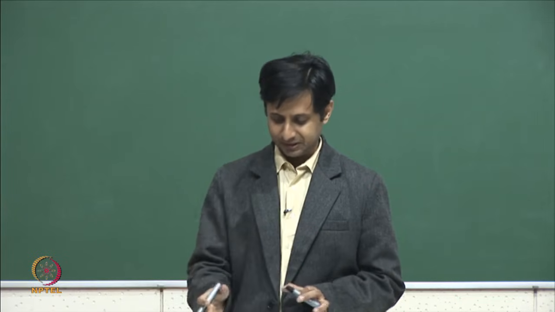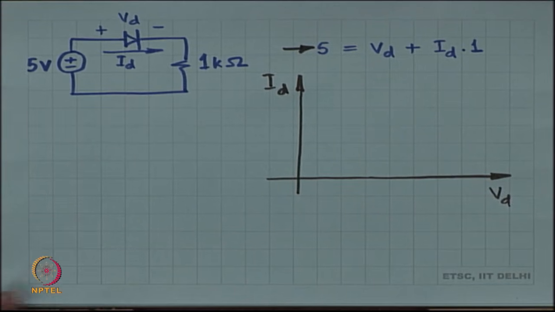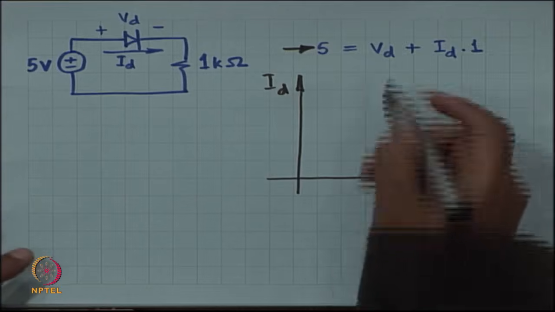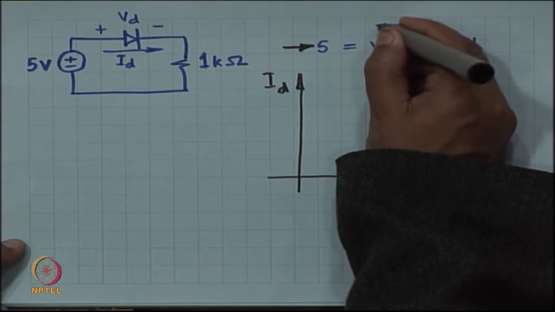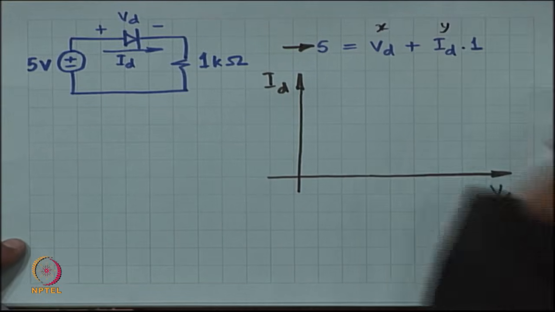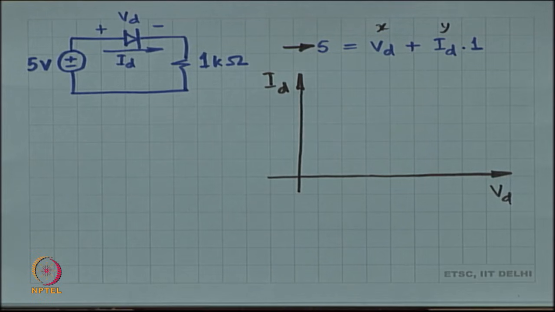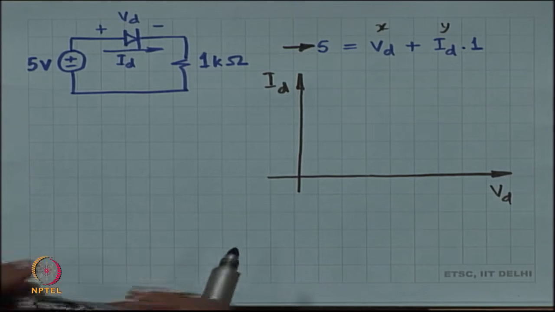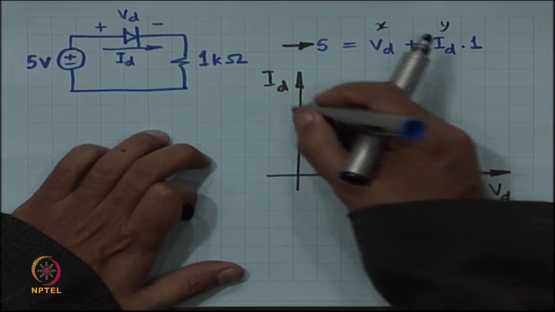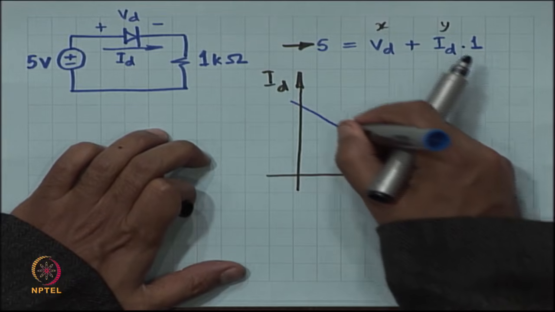What is this an equation of? This is the x axis, and this is the y axis. Yeah, this is a straight line, and it obviously looks somewhat like this.